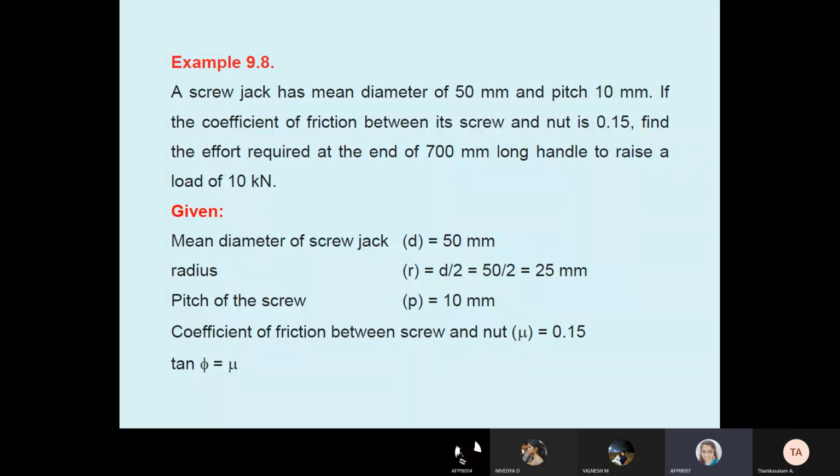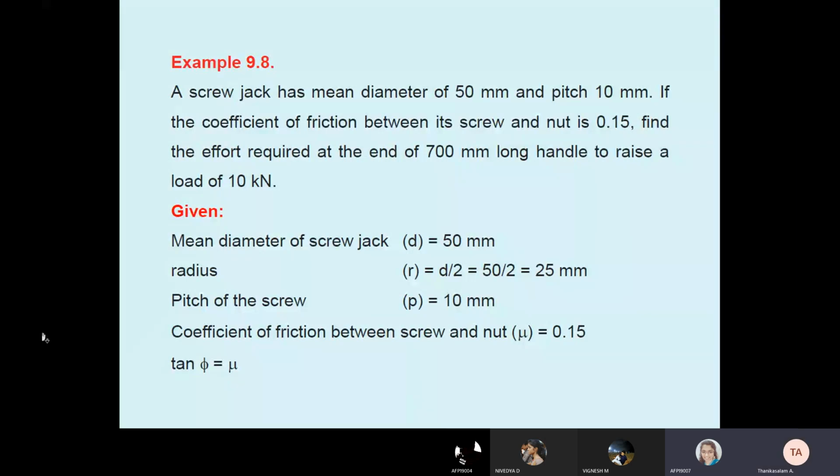If the coefficient of friction between its screw and nut is 0.15, find the effort required at the end of a 700 millimeter long handle to raise a load of 10 kilonewton.